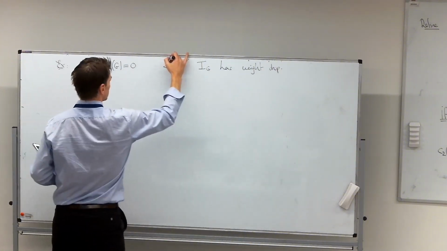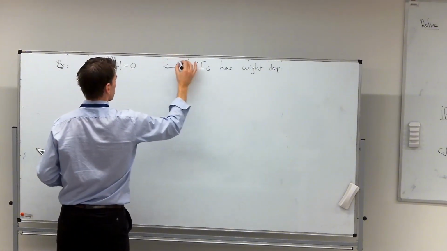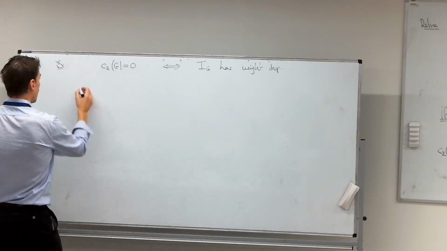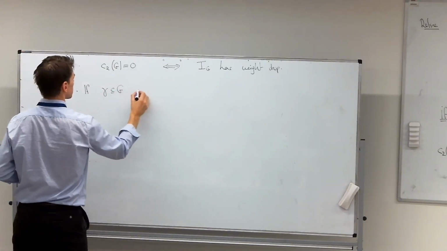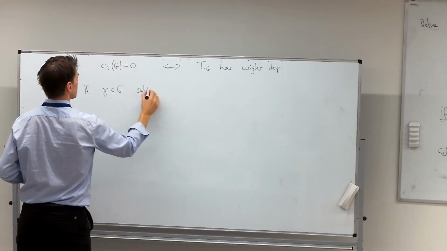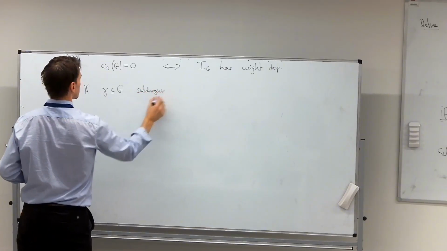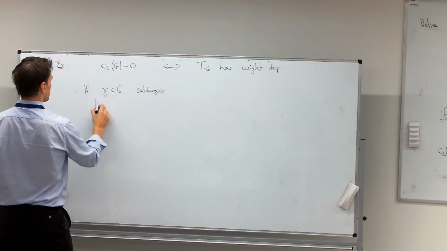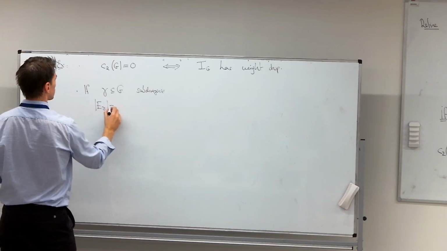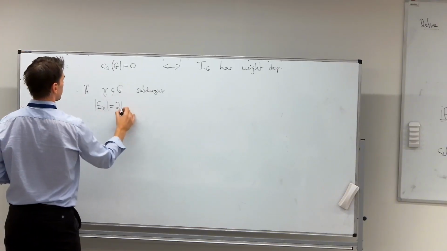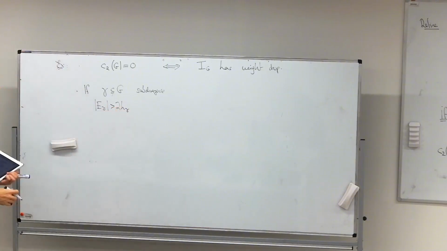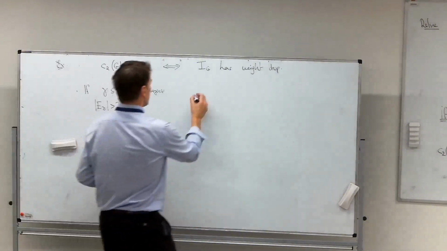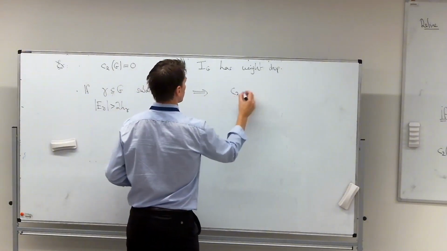So this requires some qualification here. If a graph has a subdivergence, this is an important physical concept, so a strict subgraph where the number of edges is more than twice the loop number, then the C2 invariant vanishes as well.